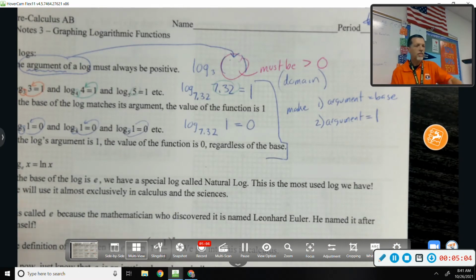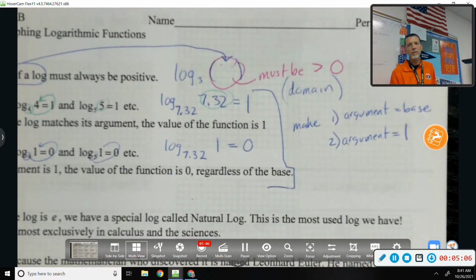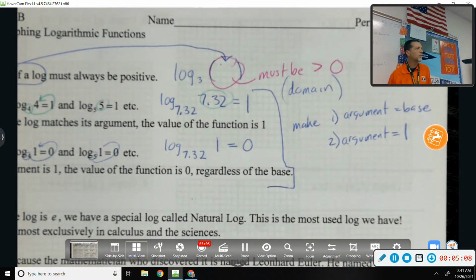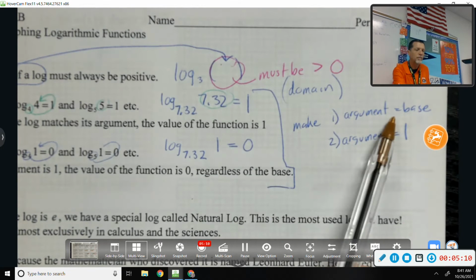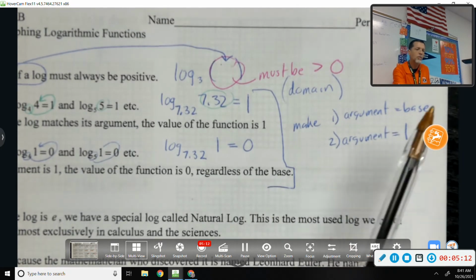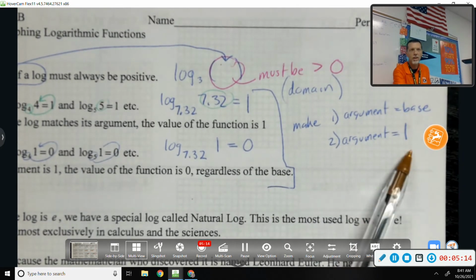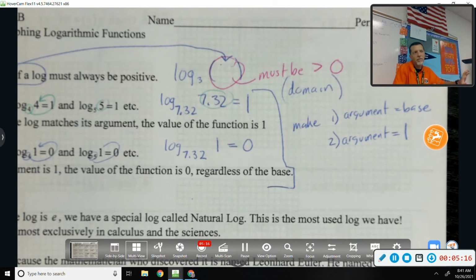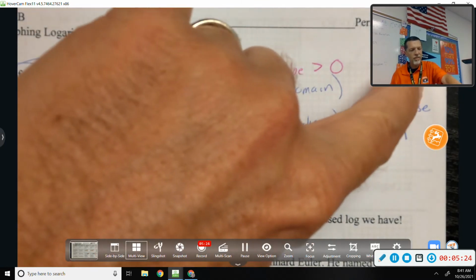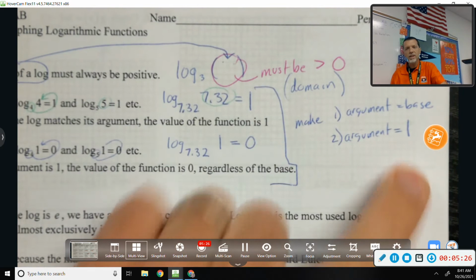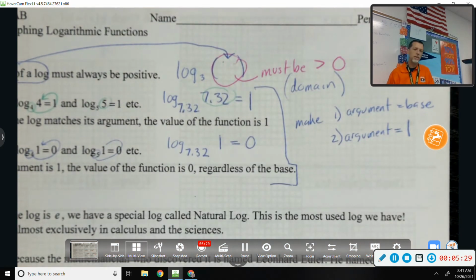So instead of working a bunch of hard log problems, we're going to force ourselves into easy problems by making the argument equal the base and the argument equal 1. Again, the parallel with the exponents was we wanted the exponent to be -1, 0, and 1 because that made the problem easy. Here we want the argument to be the base, and we want the argument to be 1, because that's going to make the problem easy.